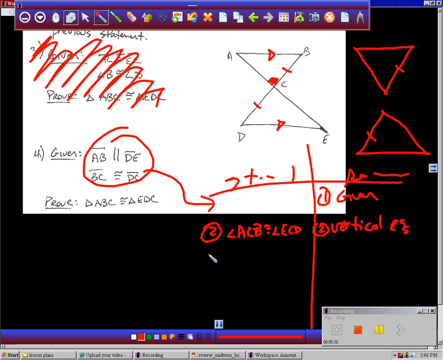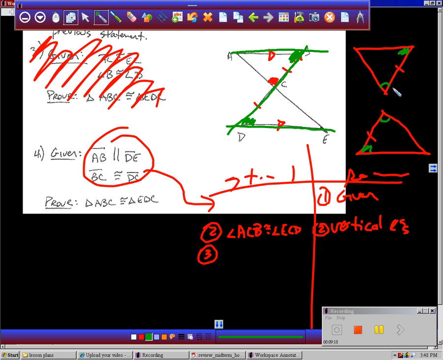Now, number three, if you had chosen the angle B, again, you're looking for parallel lines with a transversal. That would put that congruent to that, and that congruent to that.